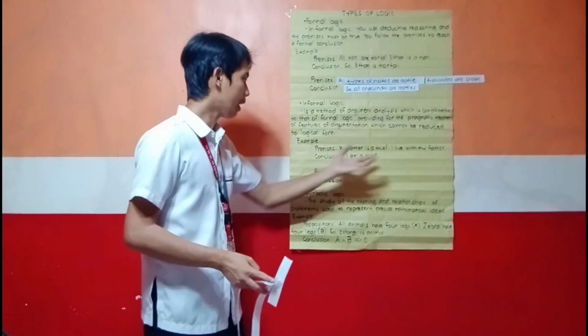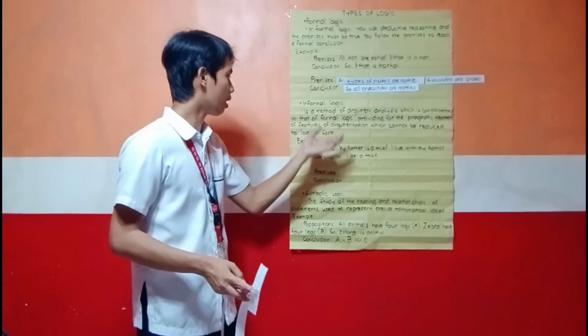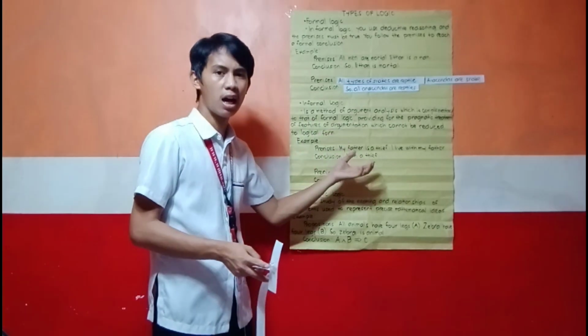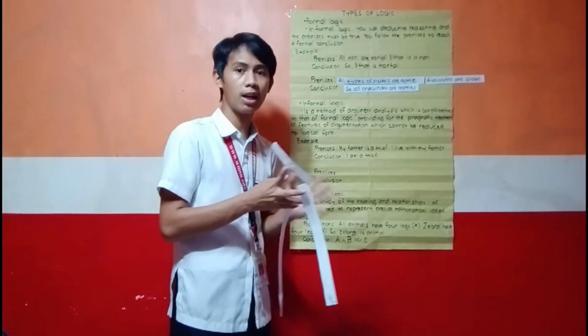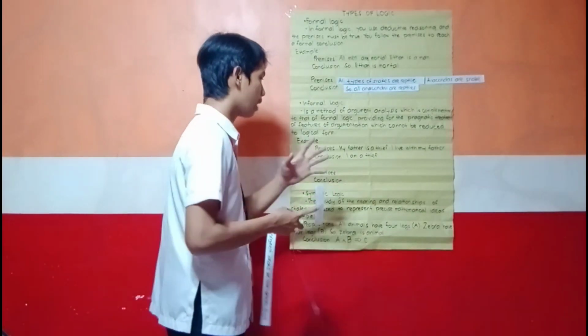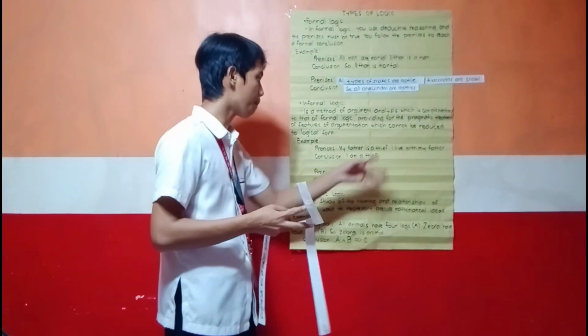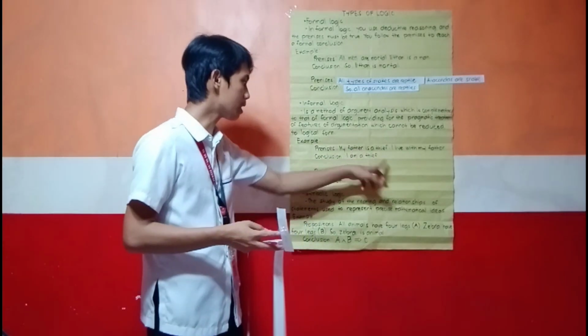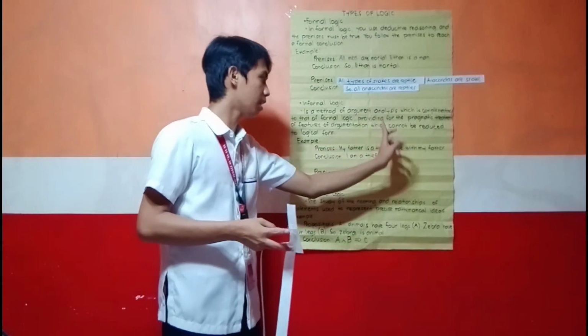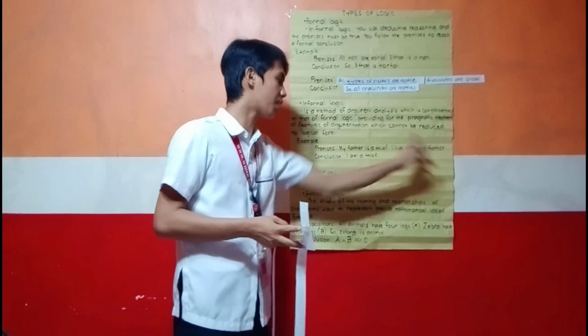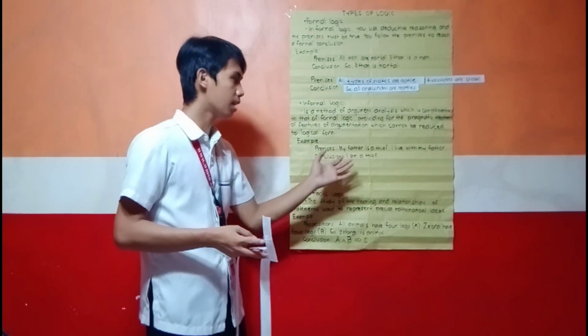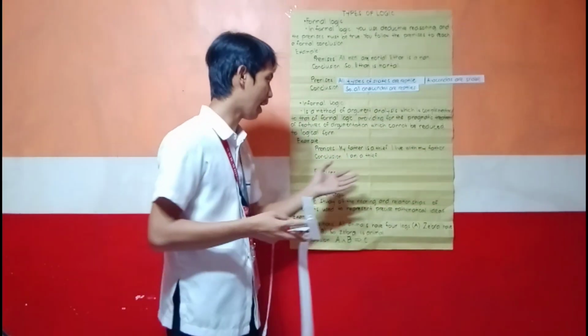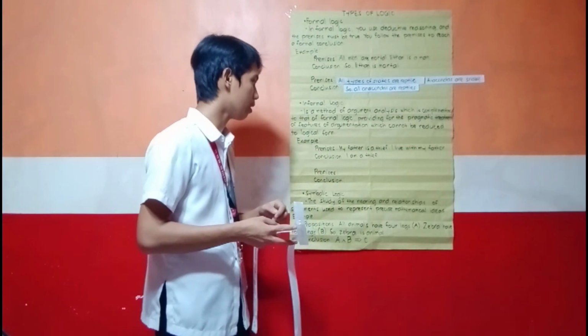In this example, it talks about generalization. It generalized the situation. Since his father is a thief, and he is living with his father, the conclusion is he is also a thief.